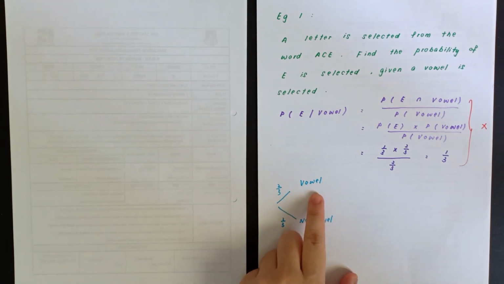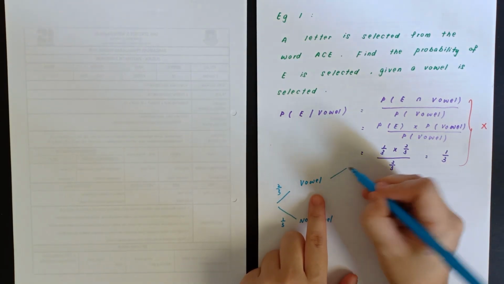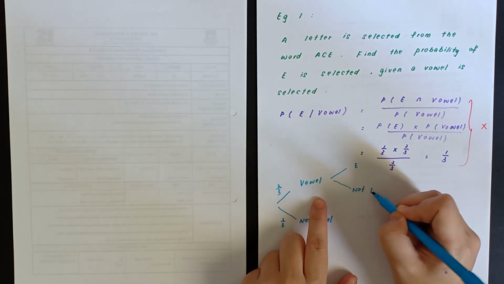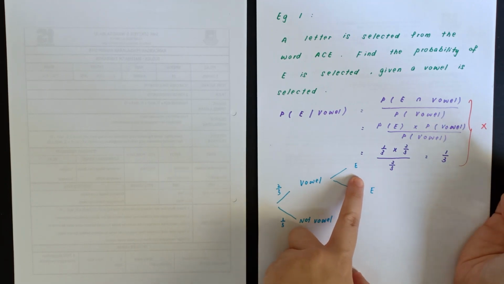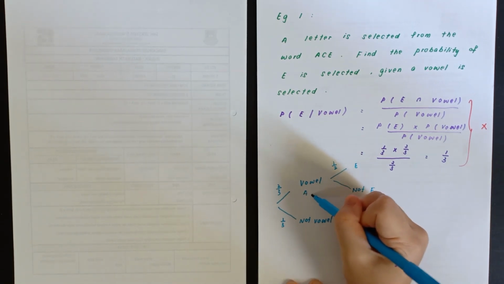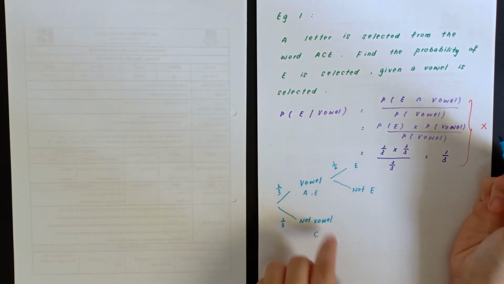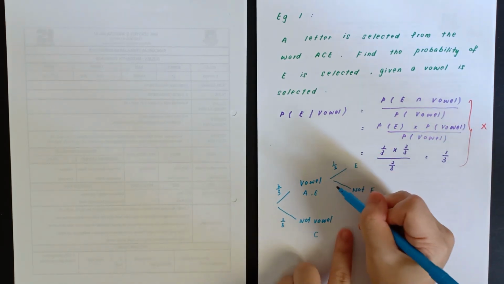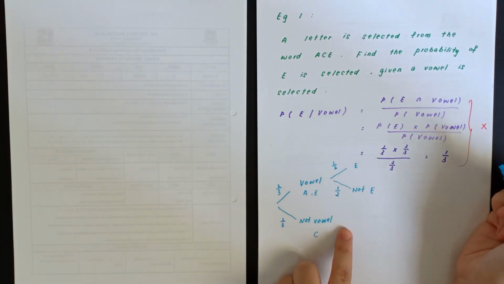What is the probability for you to get E selected? You can get E or not E. The probability for you to get E is 1 over 2, because vowel means A and E. So for me to get E, it will be 1 over 2. For me to not get an E, it will be 1 over 2.